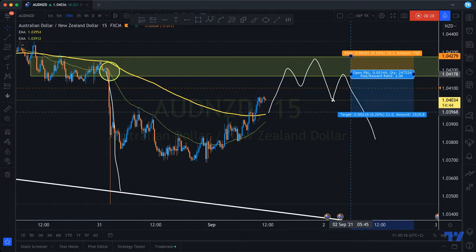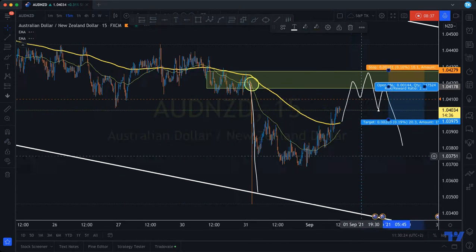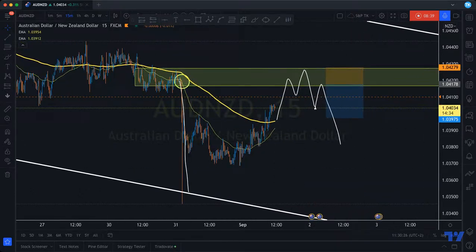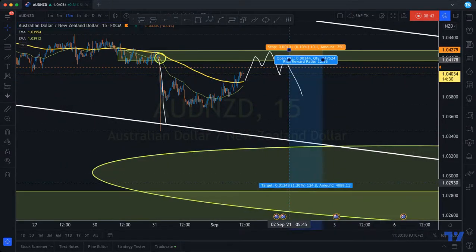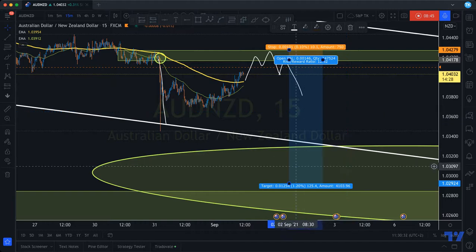Risk reward, I mean TP with a risk reward ratio of at least 2, but in this case, as I told you before, this will be great as well.